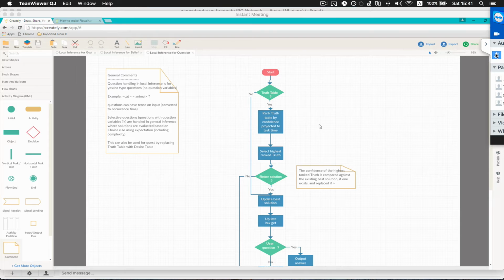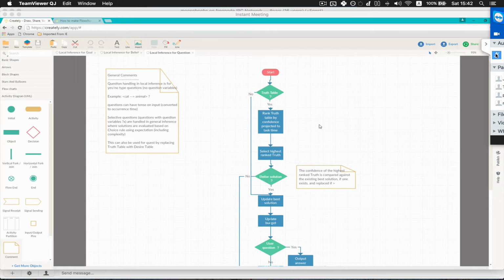Yeah, that's true. So it's a different case. So in revision, in general inference, and in question answering, we always want this one, while in execution, we want to project to the current moment. Yeah, you're right. I think that makes sense. Okay, we can think about it some more, but I think it does make sense.